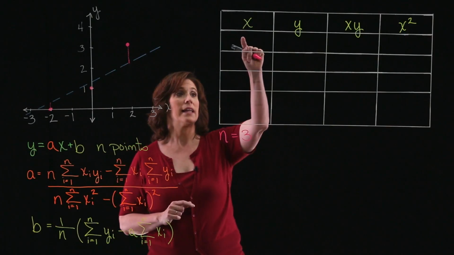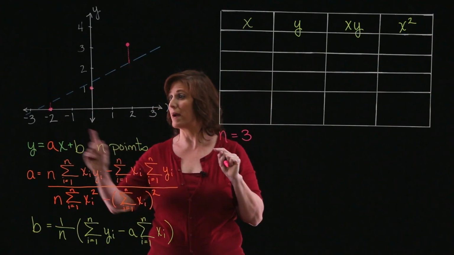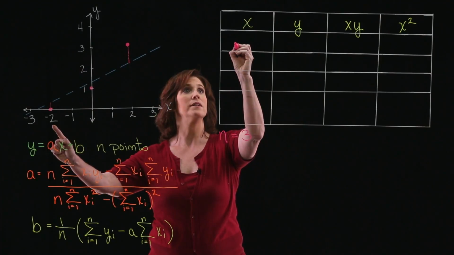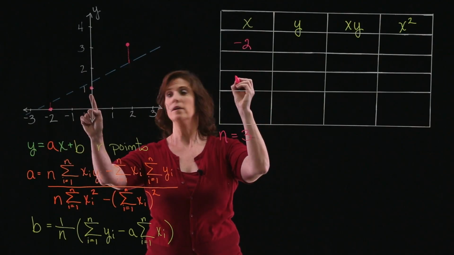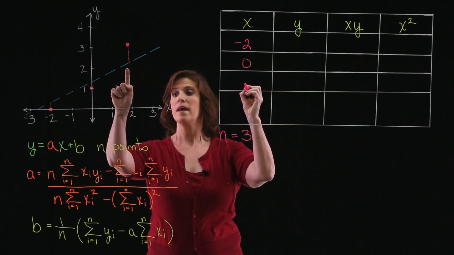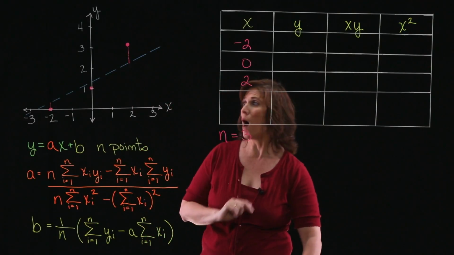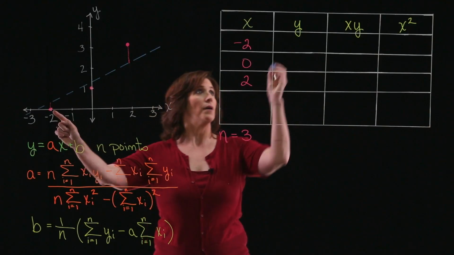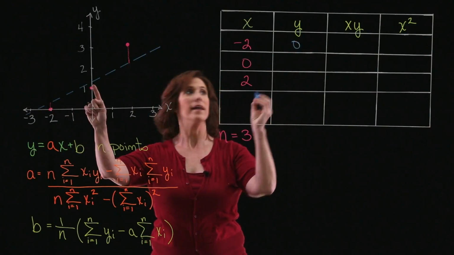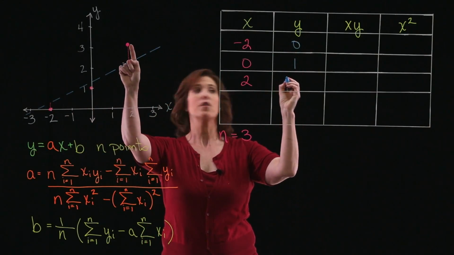So let's begin by collecting all of the x values. For my data points, my x values are going to be -2, 0, and 2. My y values are going to be 0, 1, and 3.